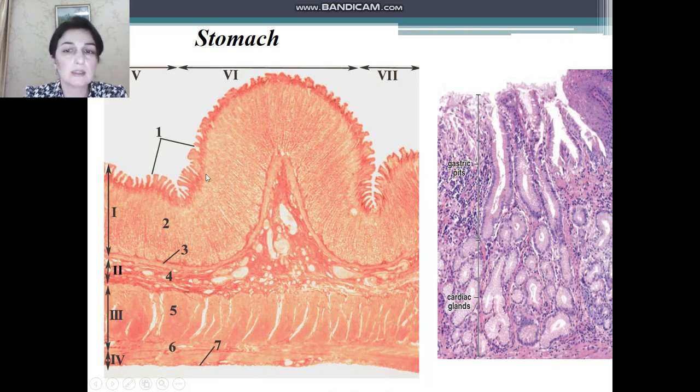What we can see in the lumen of the stomach, pay attention to these folds, they are rugae. If we look at the internal surface of the stomach, we will see the rugae. These are longitudinal folds that are formed by the lamina propria and the submucosa.